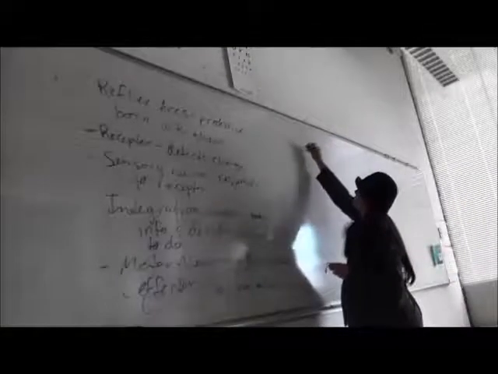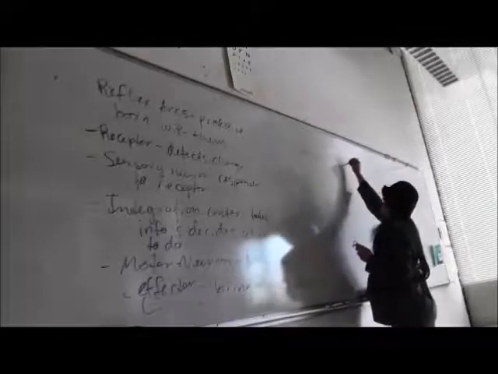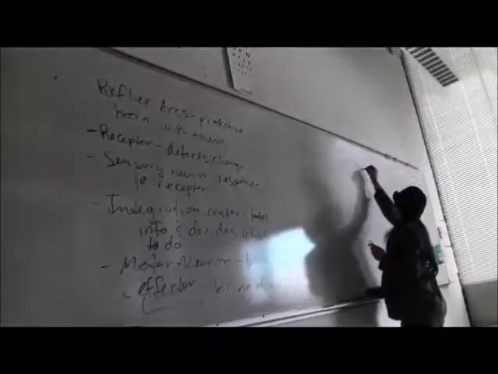So the different types of reflexes that we have, stretch and tendon reflexes, are going to be responding in the body to, in the case of a stretch reflex, dangerous levels of stretch in a muscle. In the case of a tendon reflex, it's responding to dangerous levels of tension in a muscle. So for a stretch reflex, the stimulus is dangerous levels of stretch.